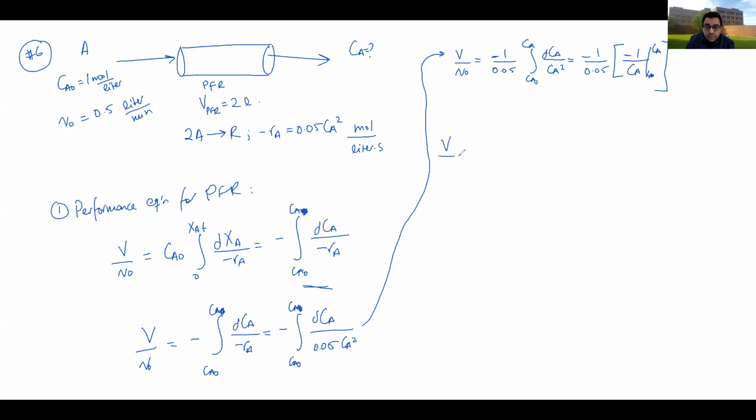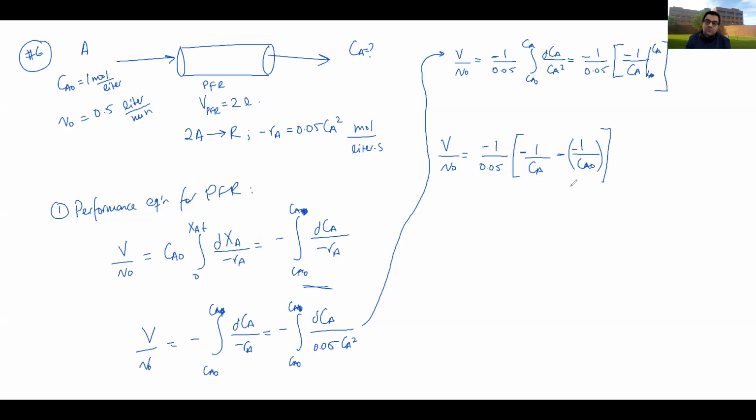I know V over V naught is equal to minus 1 over 0.05 times minus 1 over CA minus minus 1 over CA naught. So I just plugged in the limits of this integral.